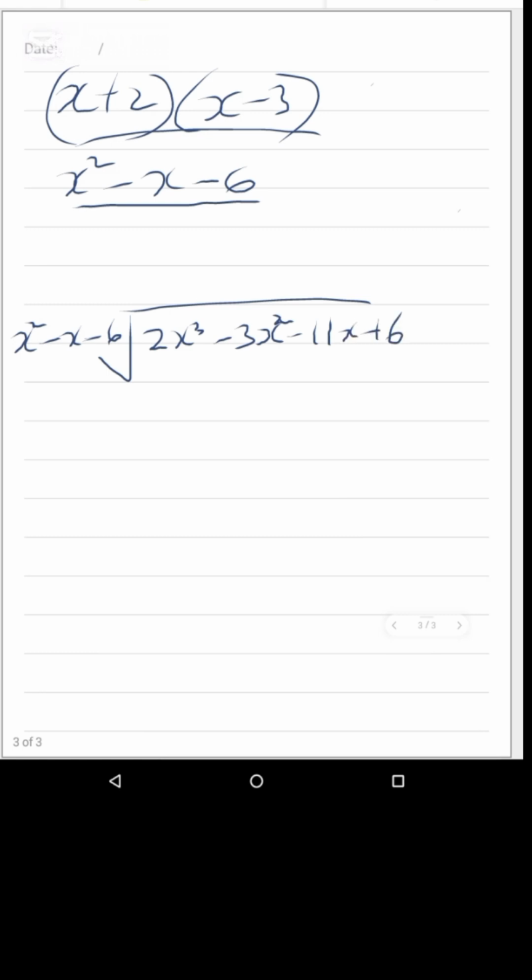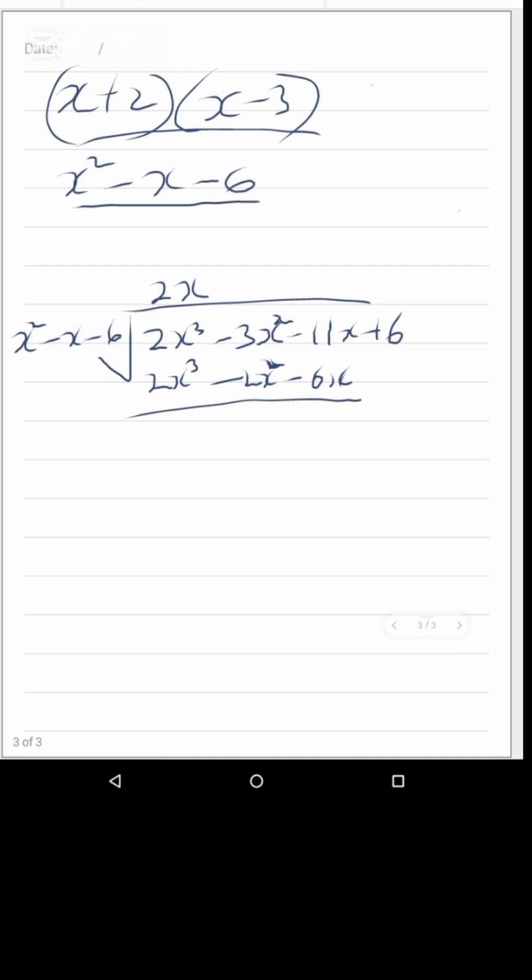So now we are dividing this. To divide this, multiply everything by 2x. So when we substitute 2x here, we get 2x cubed, subtract 2x squared, subtract 6x.